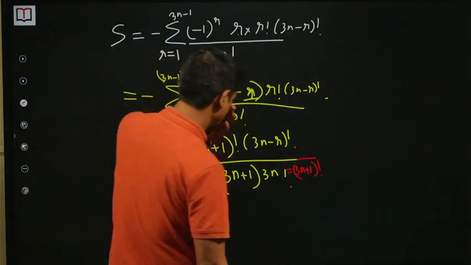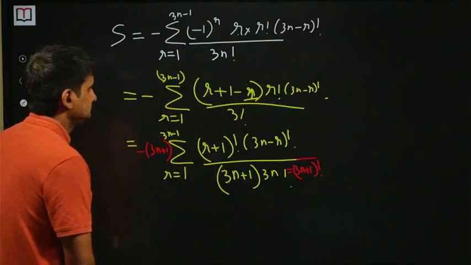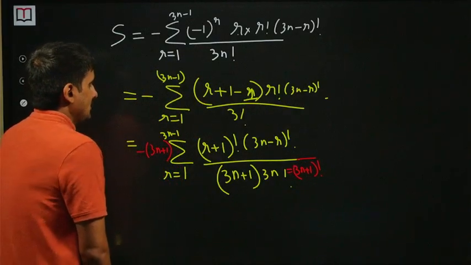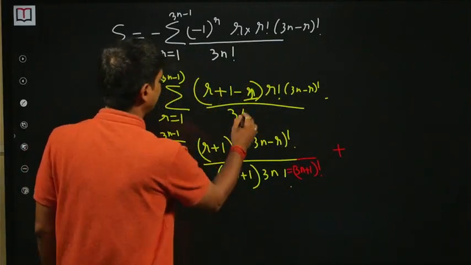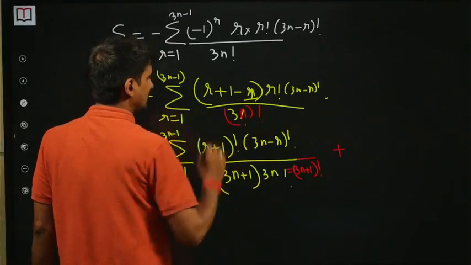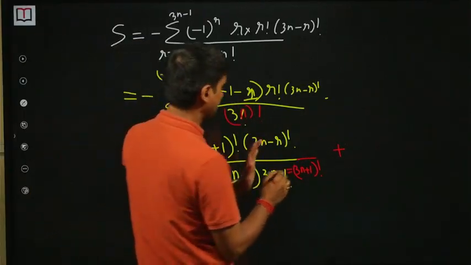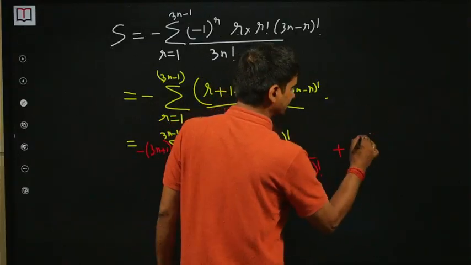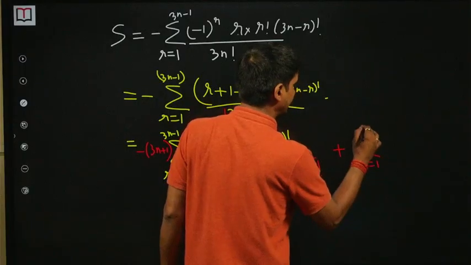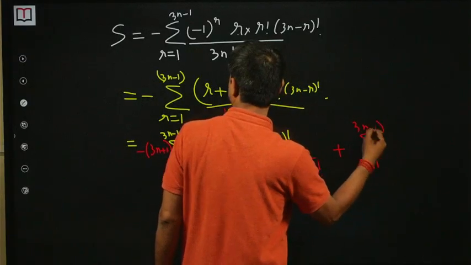And then, minus is plus, that's 3n factorial of course, plus r factorial, so plus summation r goes from 1 to 3n minus 1.